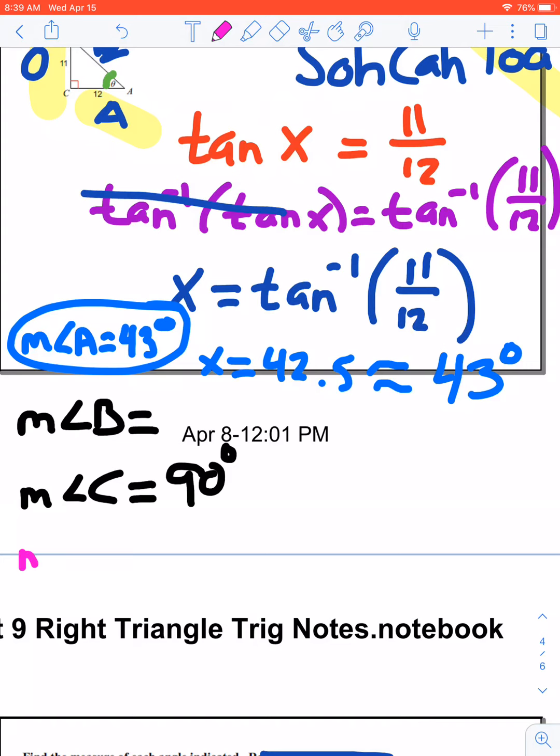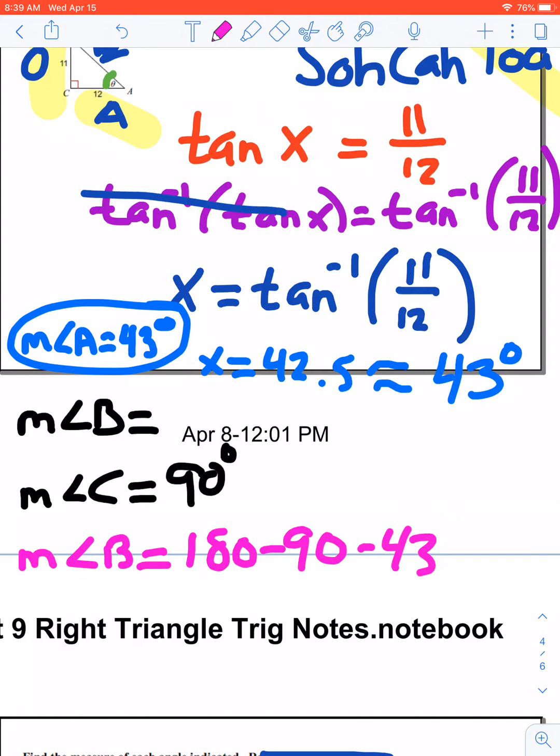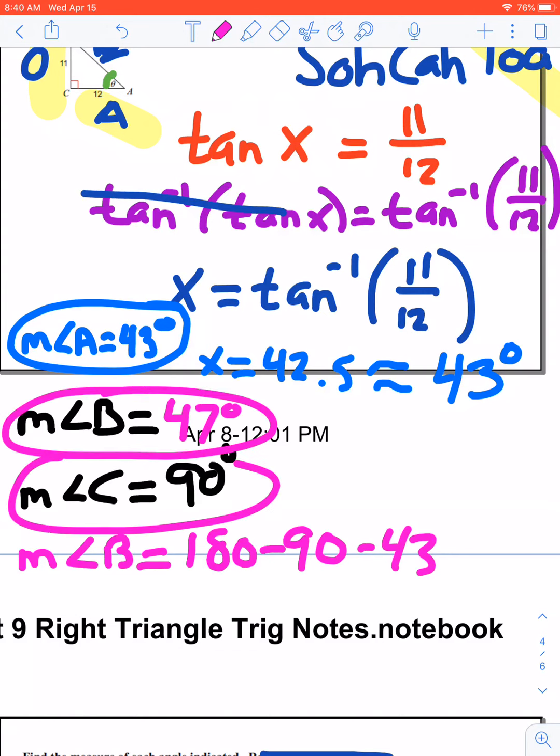So to find the measurement of angle B, I would do 180 minus 90 minus 43, because a triangle has to be 180. If I do that on my calculator, 180 minus 90, of course, is 90, minus 43 gives me 47. So the measurement of angle B would be 47 degrees. So once you find two angles, just subtract those from 180 to find the third angle.